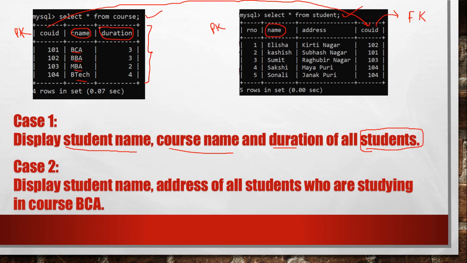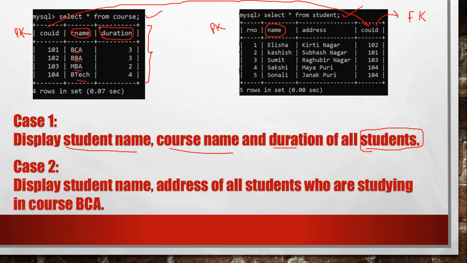Remember one thing: whenever a query asks you to display data of two different tables, you have to apply a join condition. So let me do this question for you.